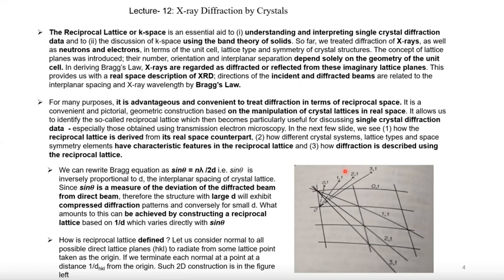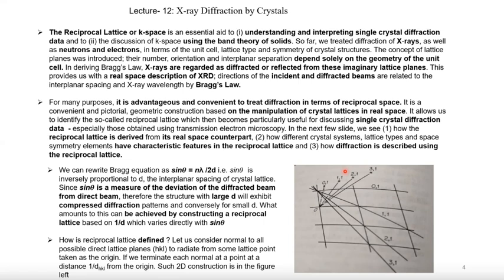especially those obtained using transmission electron microscopy, which is another technique. We were talking about different techniques of analyzing crystals. One technique is getting data by X-ray diffraction.